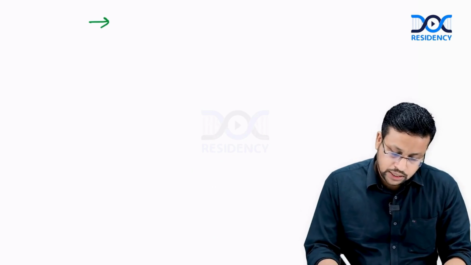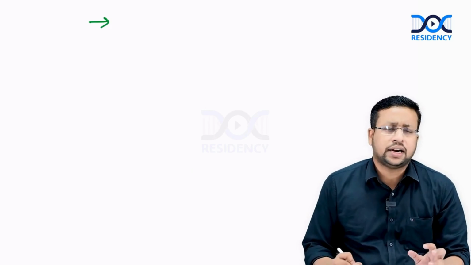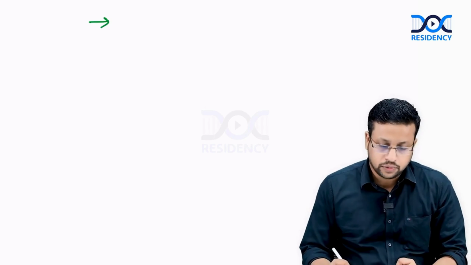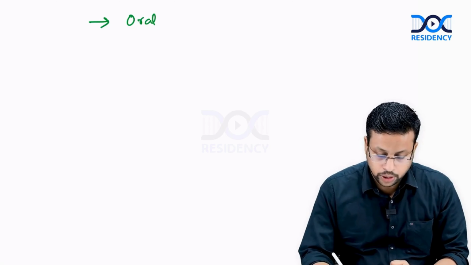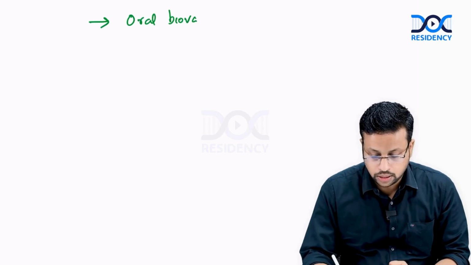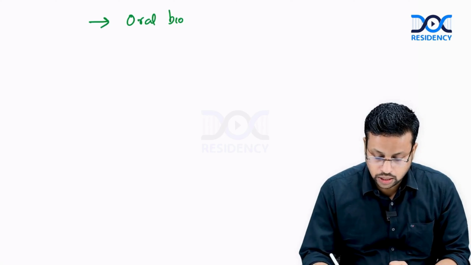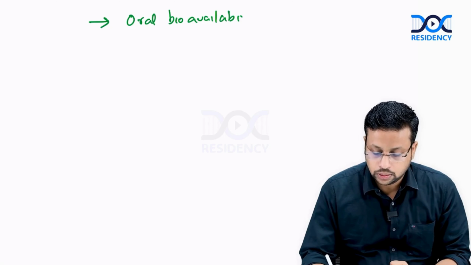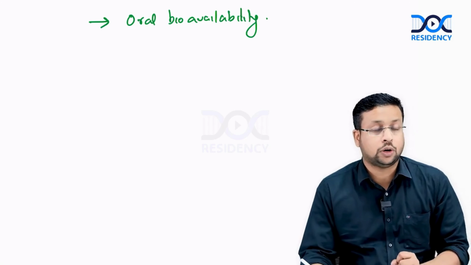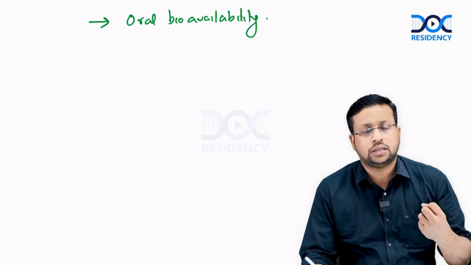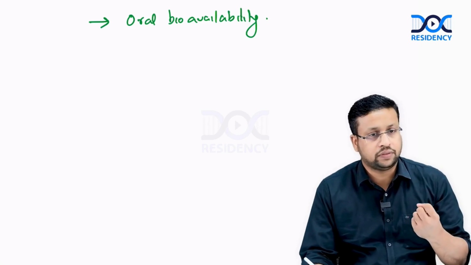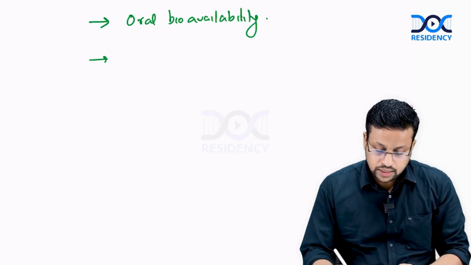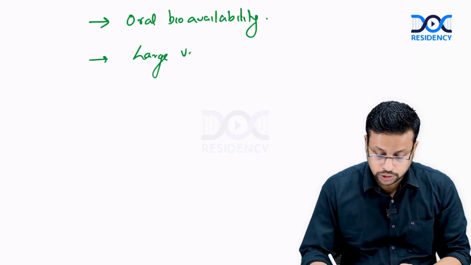Now, the advantage of fluoroquinolone antibiotics is that they are antibiotics with excellent oral bioavailability, which means that they can be given orally and attain a very good serum concentration. They have a large volume of distribution.